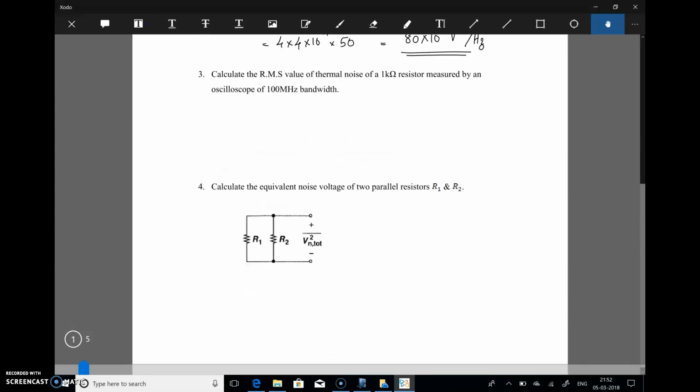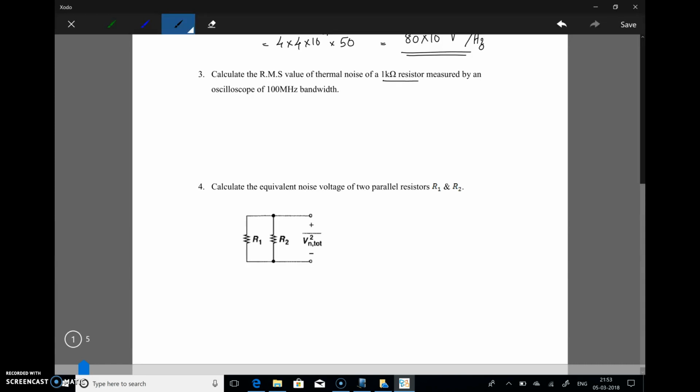Now the third question, calculate the RMS value of thermal noise of a 1 kilo ohm resistor measured by an oscilloscope of 100 MHz bandwidth. So the bandwidth of the oscilloscope is 100 MHz, resistor value is 1K, and we need the RMS value of thermal noise.